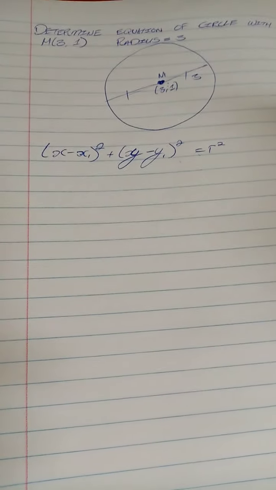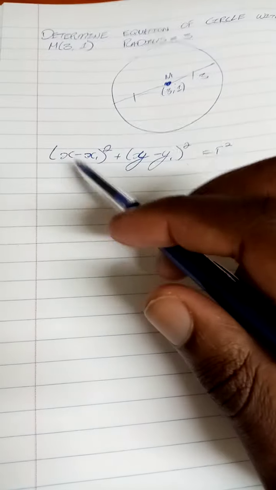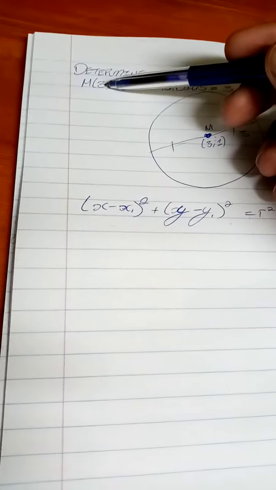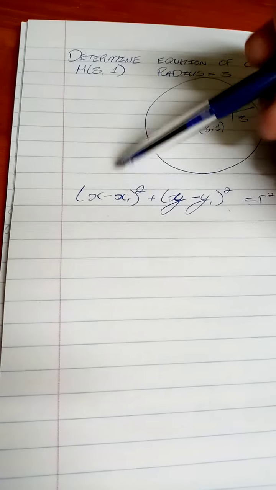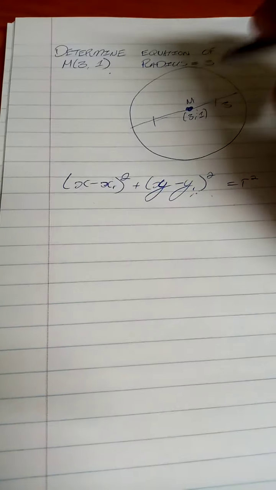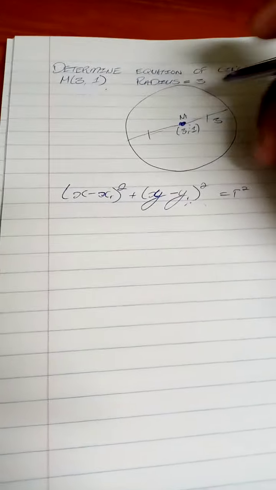With that being said, it's time for us to substitute. Where there's x1, it just represents the x here, and y1 represents the y coordinate here, and this is 3.